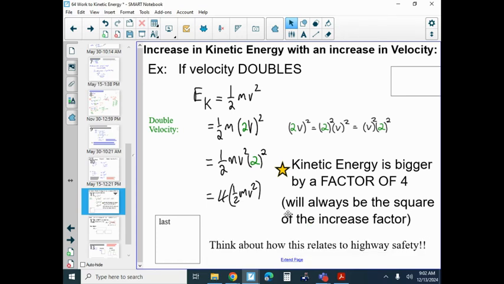So think about that in terms of highway safety, right? If you're going faster, say 10% faster, well, you're going to be more dangerous, if you will. You have more energy in your system than you think. You're like, oh, I'm only going twice as fast. An example of twice as fast is just easier to talk about, right?